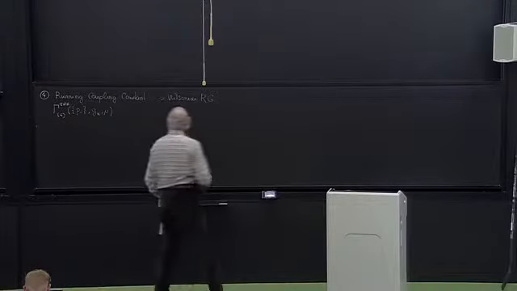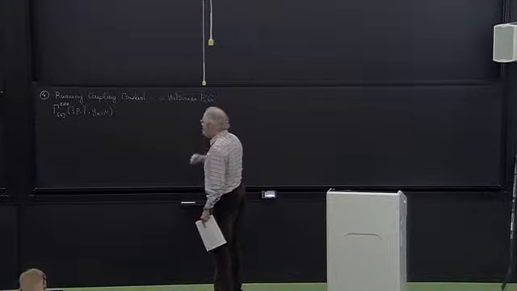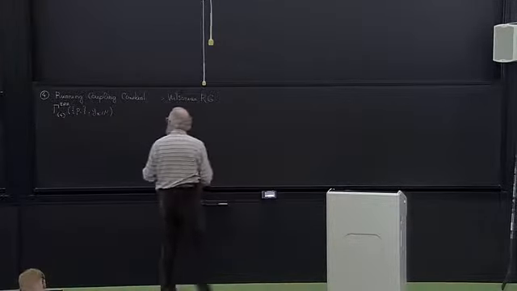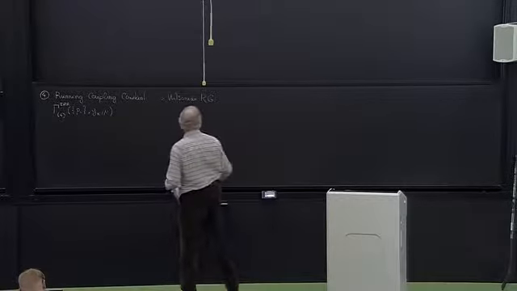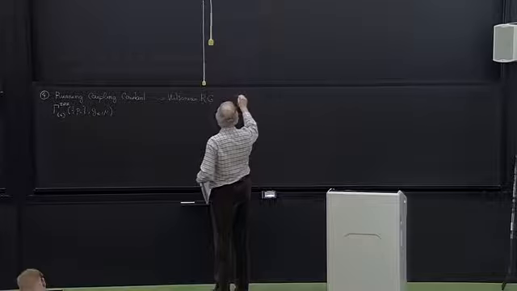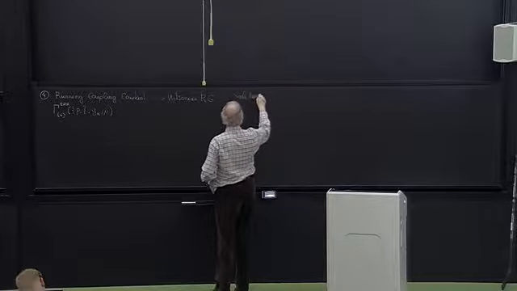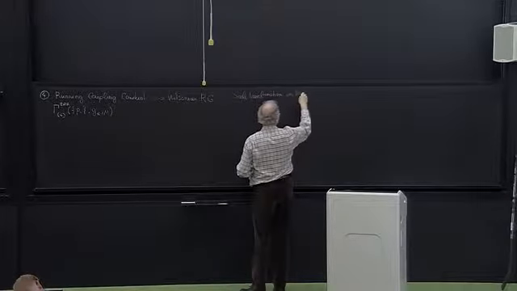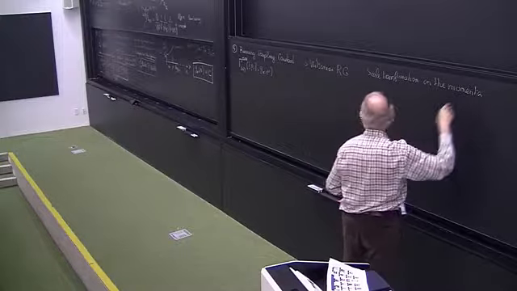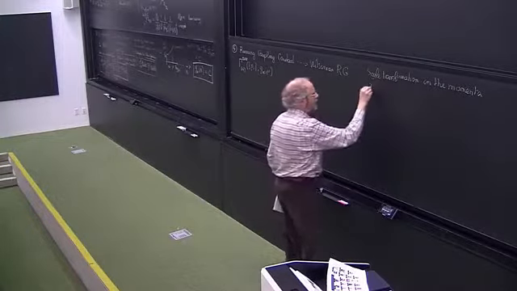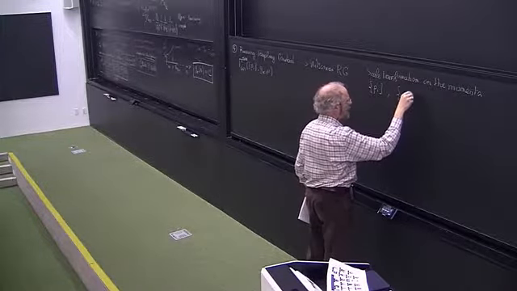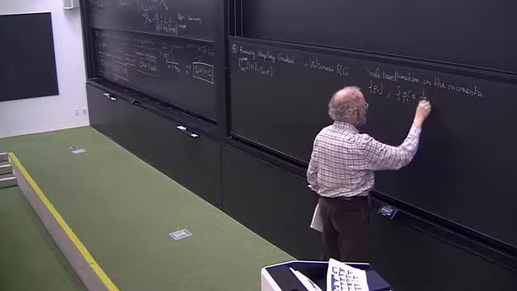Now I want to make a scale transformation on the momenta. I want to compare a choice of momenta pi and the choice of momenta pi prime equal to 1 over s times pi.